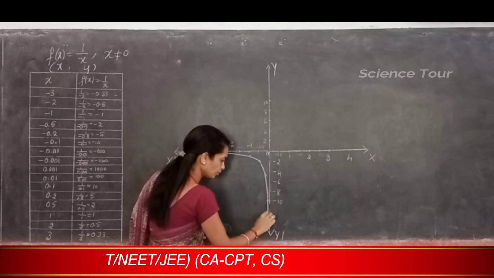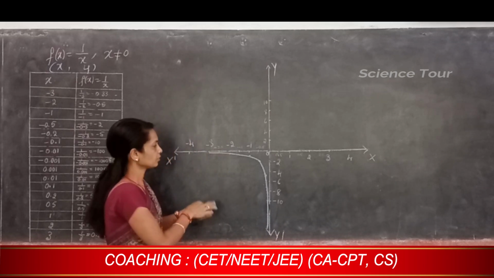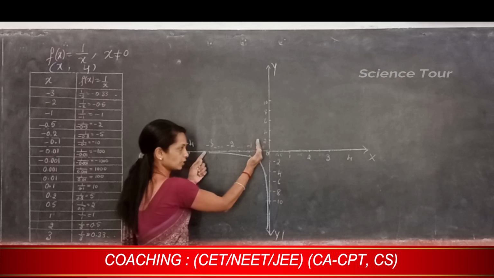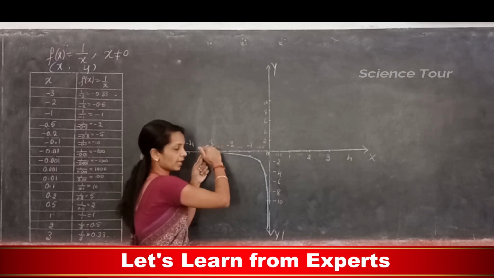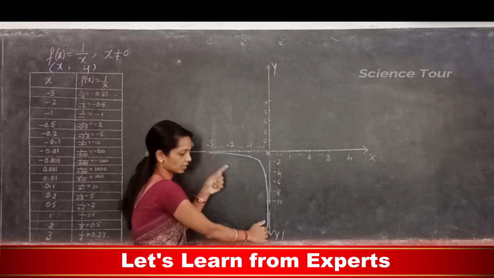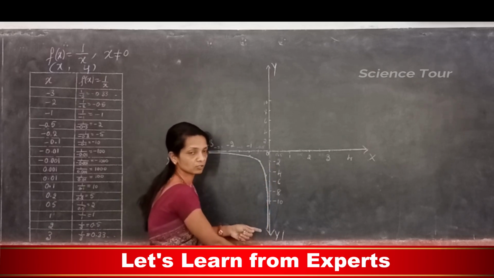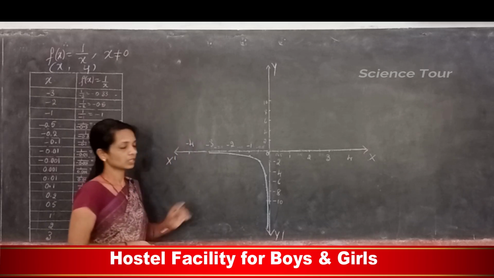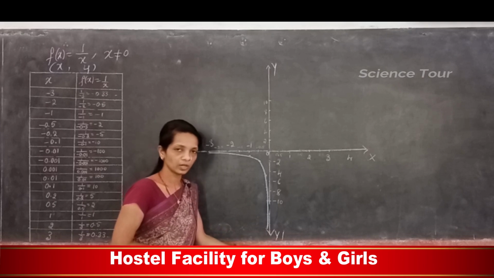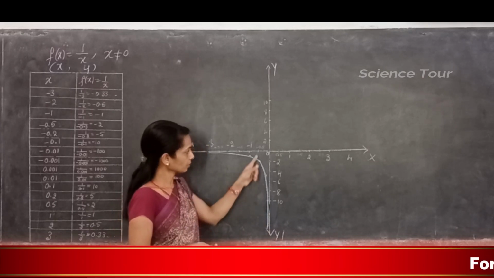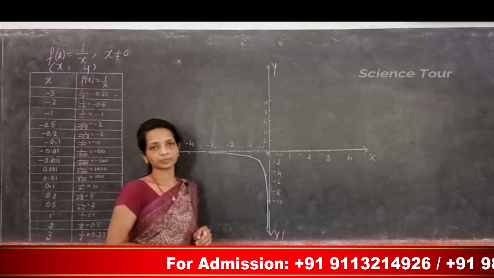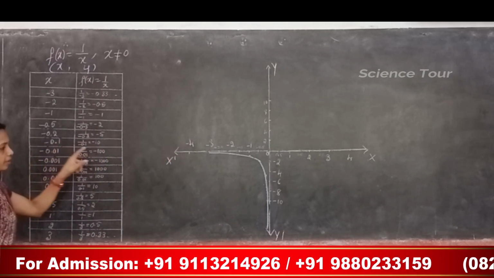As you give a value of x closer to 0 from the left side of 0, the value of f of x tends to what? That tends to minus infinity. That means f of x is taking smaller and smaller negative values. For minus 0.1 you will get minus 10. For minus 0.01 you will get minus 100.